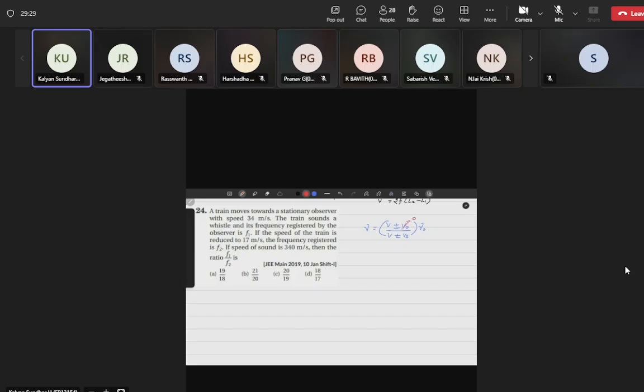Correct? What is V? Speed of sound. That also they have given. And what is this? The source, but two conditions are given. One at 34, the frequency is f1, and at 17, the frequency is f2. Will the source speed change? No. Just find out the ratio f1 by f2.